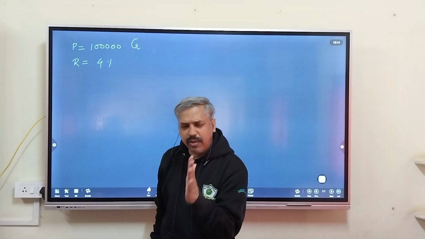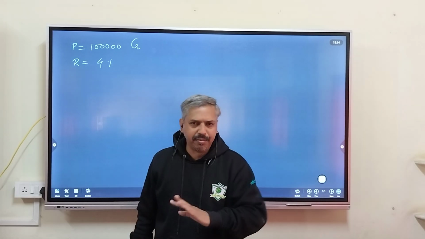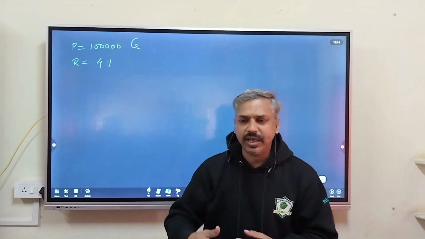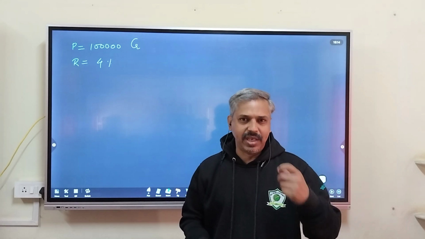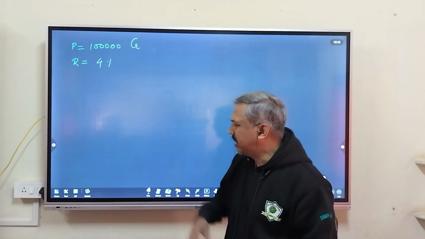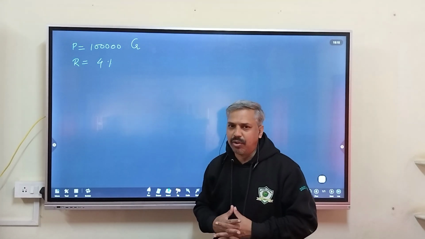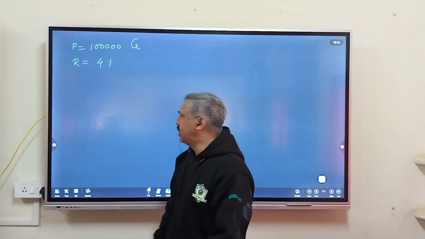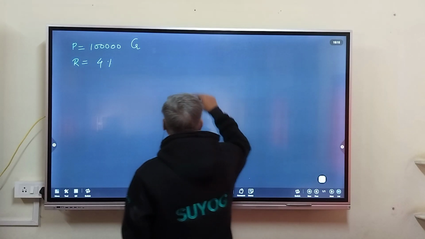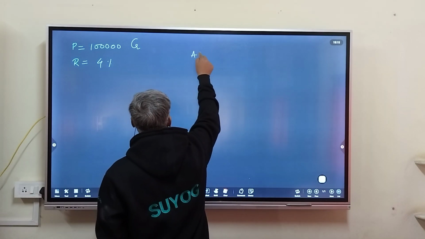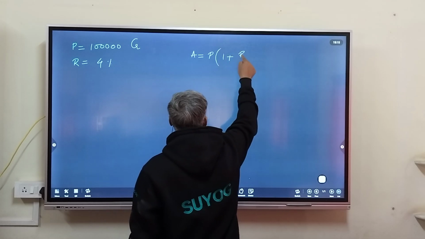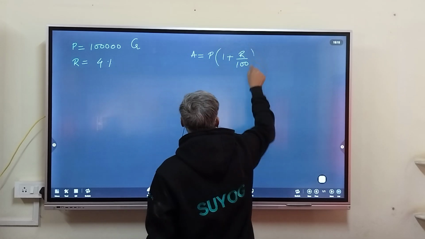It is scientifically determined what will be the rate of decay for this kind of machine. There are experiments conducted on certain machines, and then it is determined how much time is taken and what is the decay after 1 year, after 6 months, after 10 months, and so on, and the number is calculated. So once you know that the decay is at 4%, then the formula is finally used. A is equal to P into bracket 1 plus R upon 100 bracket raised to T.